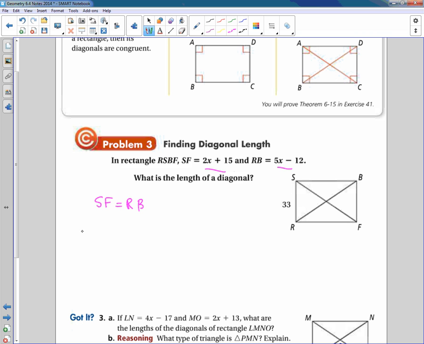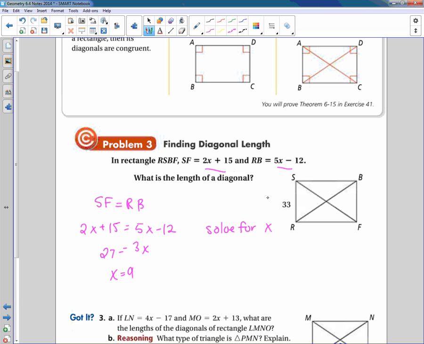So then I will substitute 2x plus 15 for 5x minus 12, and then I will solve for x. Okay, and we'll get 3x, and then what's 12 plus 15? 27, so x equals 9.